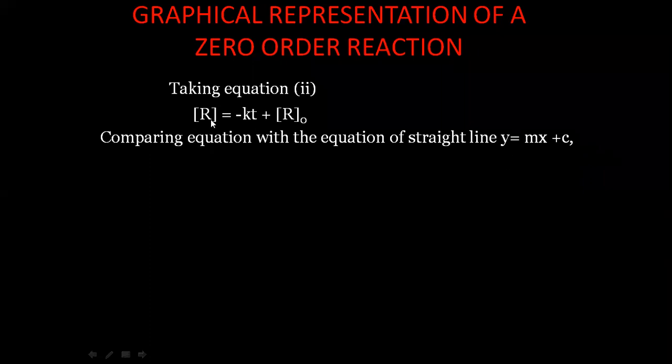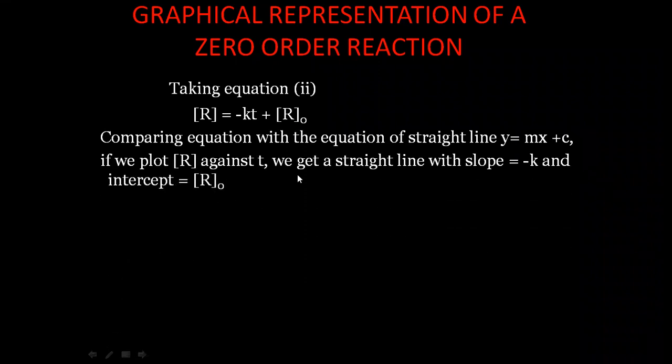Y will be equal to R. I hope everyone knows that this is the expression of a straight line. So y is nothing but the concentration R. Your m, the slope, is nothing but minus K. X is nothing but T, and C, that is the intercept, is nothing but R naught.